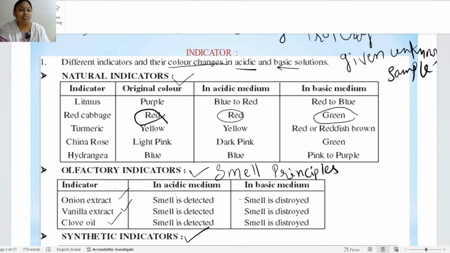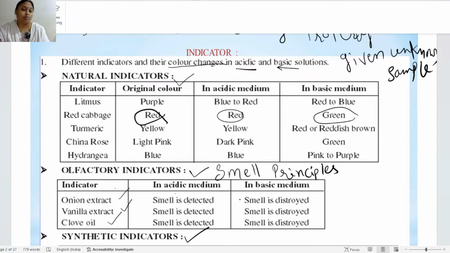In basic media, if we add them, there is no effect, so we are not seeing any smell. The principle behind olfactory indicators is smell detection, and they give the smell in acids, not in bases.